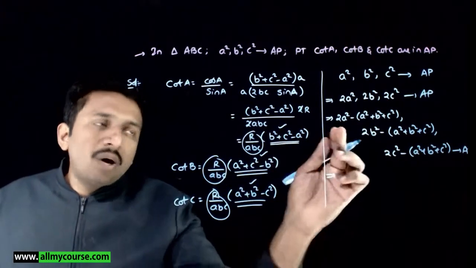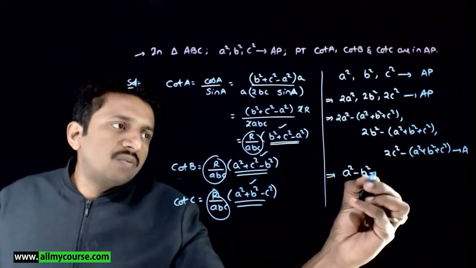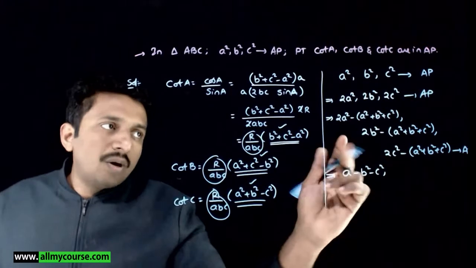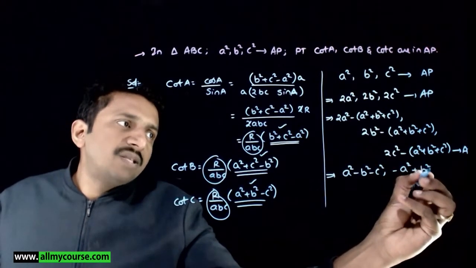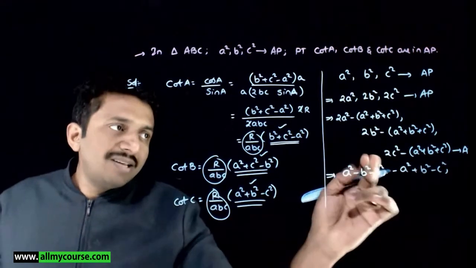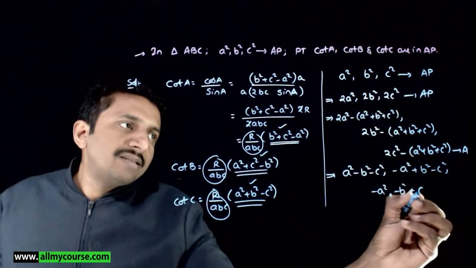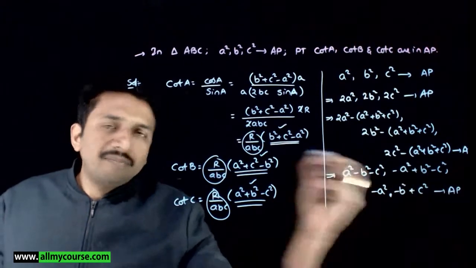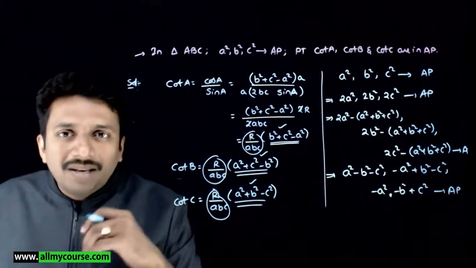So this implies, what is this? 2a square minus a square is a square minus b square minus c square, comma. What is this? This is minus a square plus b square minus c square, comma. This is minus a square minus b square plus c square, are in AP. Now I'll uniformly multiply each of these terms with minus 1.